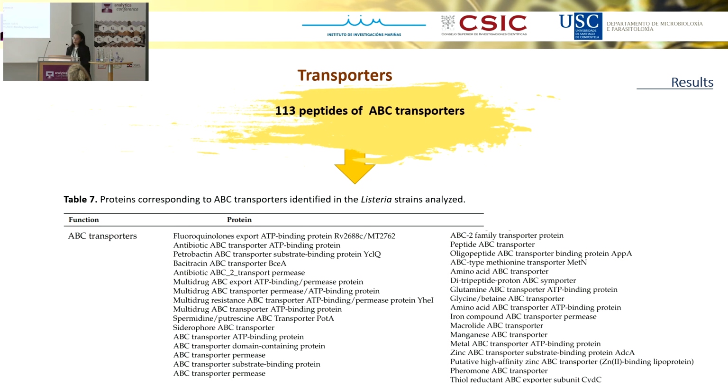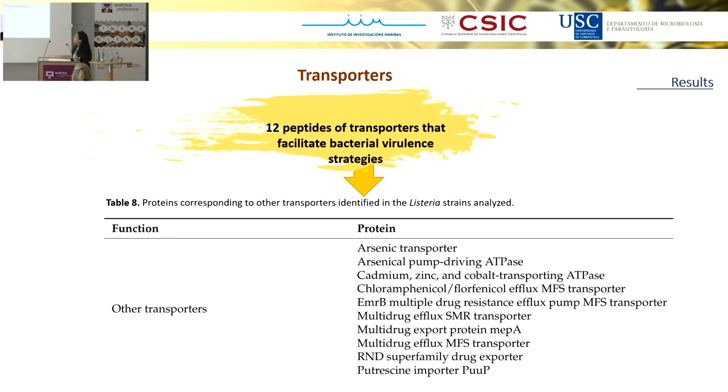We also determined 113 peptides of ABC transporters that are involved in virulence, such as multidrug transporters, antibiotic transporters such as pectrobactin and others, and ion transporters. And we have identified other 12 peptides that belong to other transporters that are not ABC transporters, and again multidrug transporters and ion transporters.